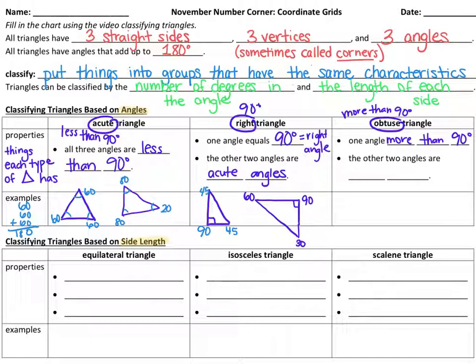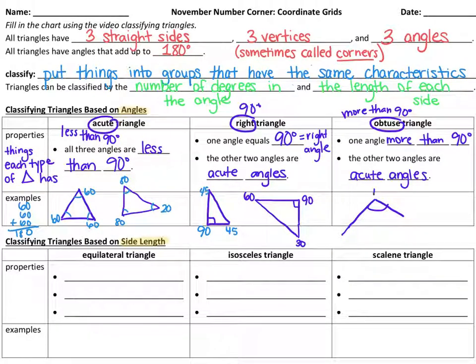The other thing that we need to know about obtuse angles is that when one of the angles is more than 90 degrees, the other two angles are acute angles. So we're going to make an obtuse angle. And then here's our obtuse angle.